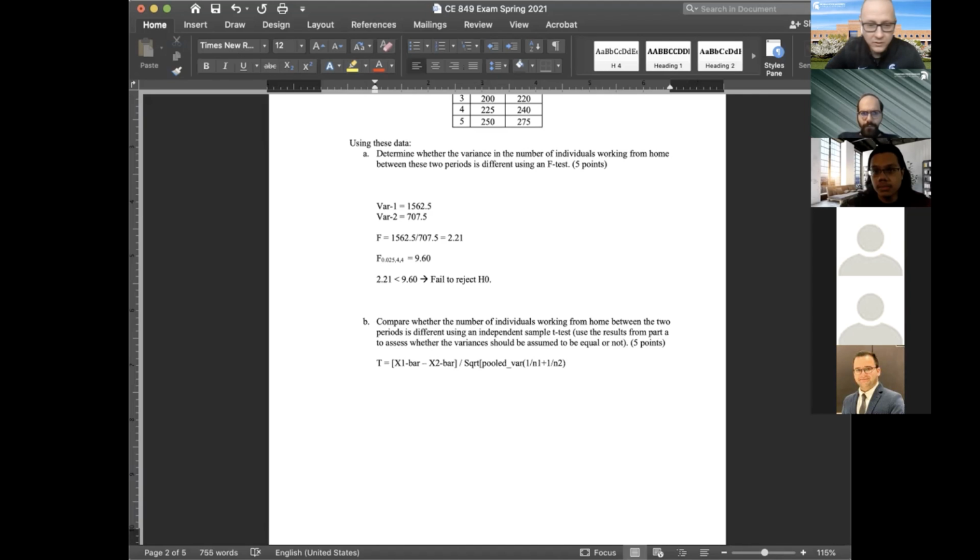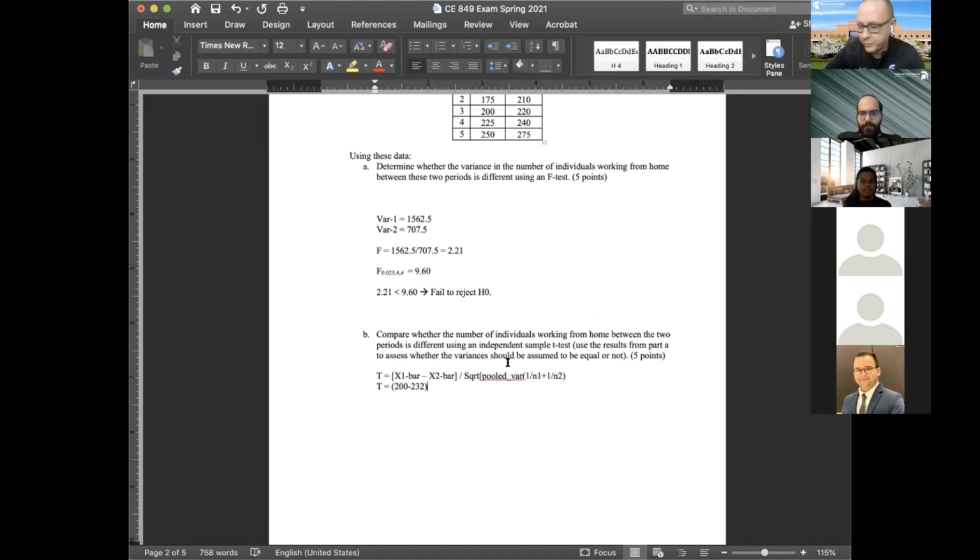In our case here, those respective quantities would have just been 200 minus 232, which are the sample means for the before and after periods respectively, all over the square root of 1135, which, you'll recall, the pooled variance is just the weighted average of the variances from sample 1 and sample 2. And when the sample sizes are equal, that's just a straight arithmetic average. So 1562.5 plus 707.5, and that whole quantity times 1/5 plus 1/5 for those corresponding sample sizes.